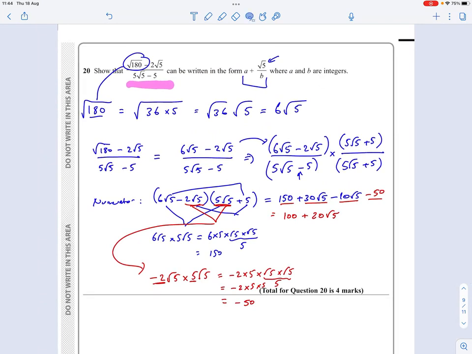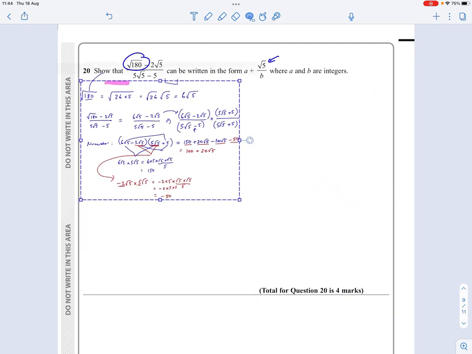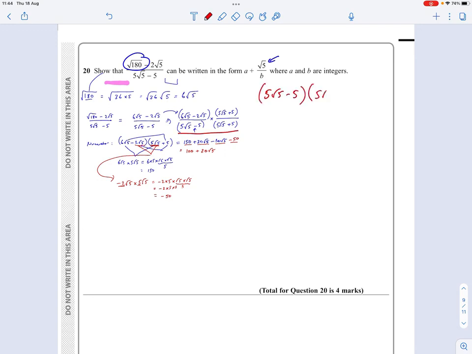But what about the denominator? Let's make everything smaller here, so we have enough space. That was the numerator. The denominator, again from here, let's do that on the side. So we have 5 root 5 minus 5 times 5 root 5 plus 5.